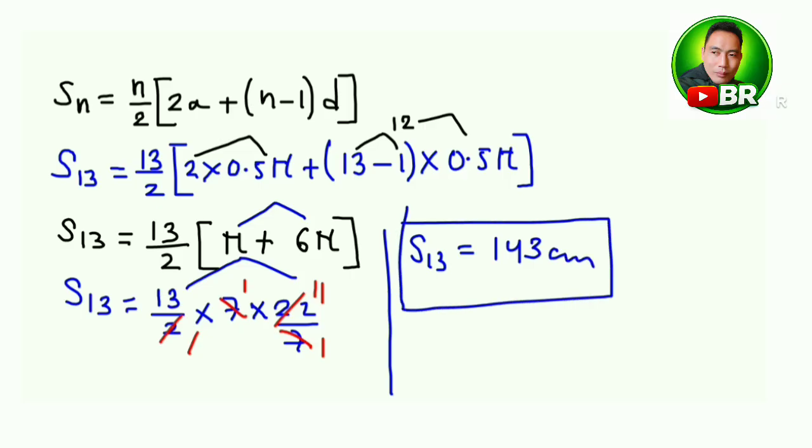So here we can conclude total length of 13 consecutive semicircles is 143 centimeter. This is our final answer.